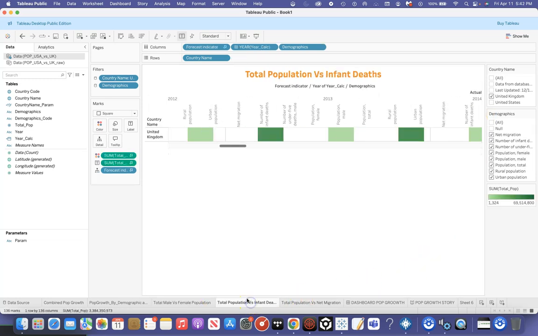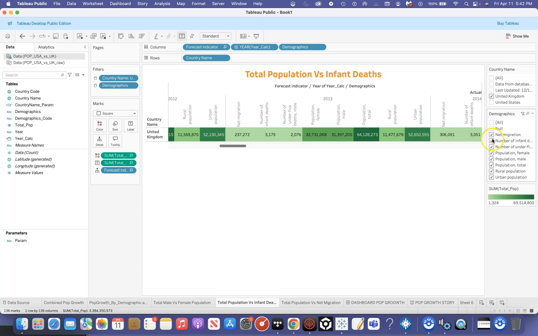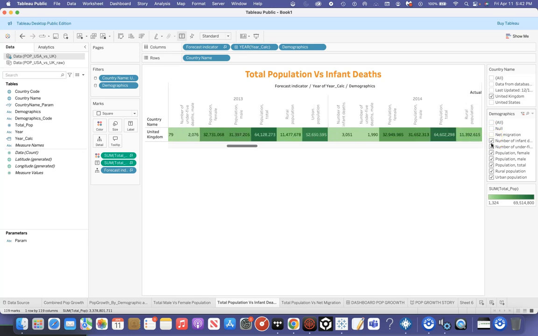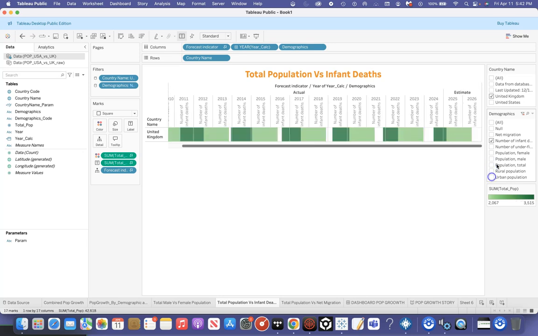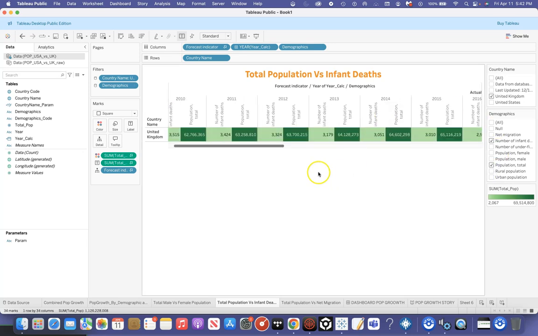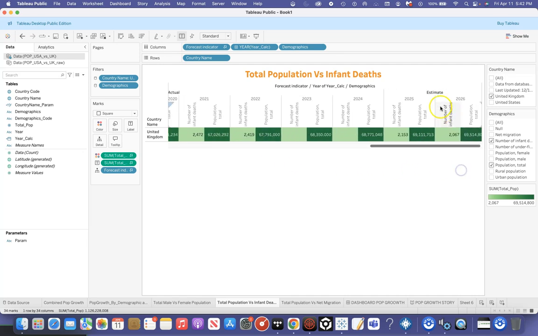And then the next one was just showing the infant mortality rate. Say the health department wanted to understand the mortality rate in the infants versus the total population. This gives you visibility to that, and also the projections. You can see the estimated numbers for 2025 and 2026.